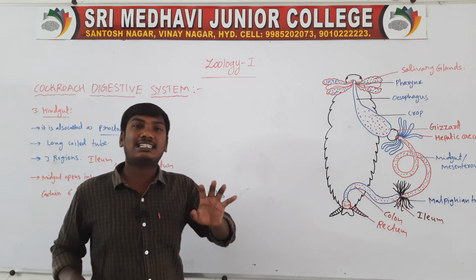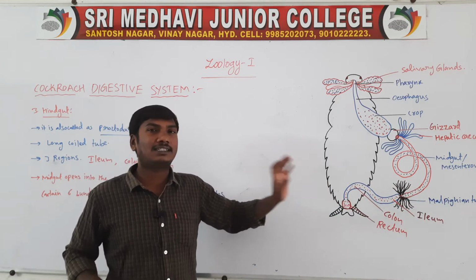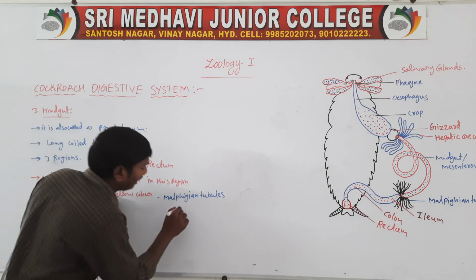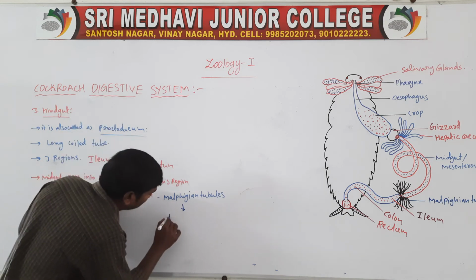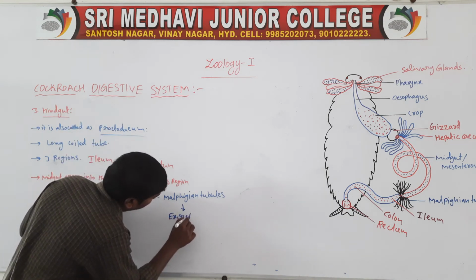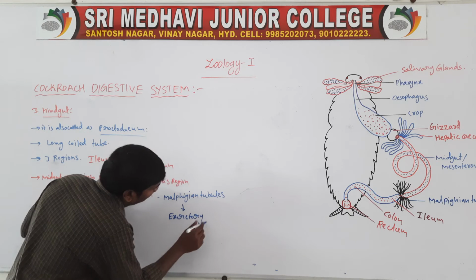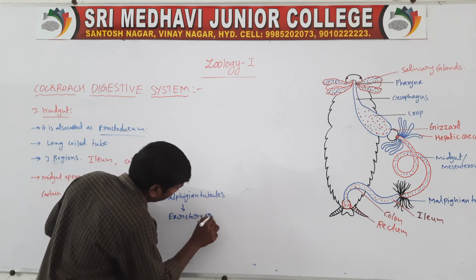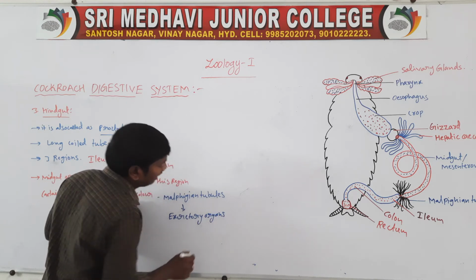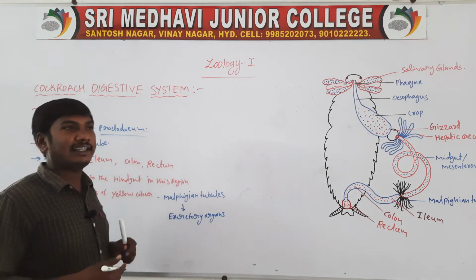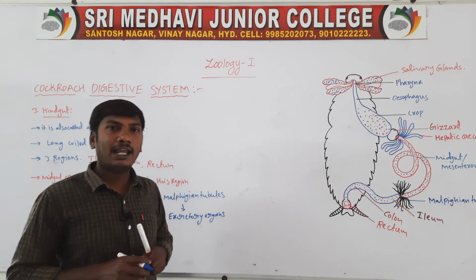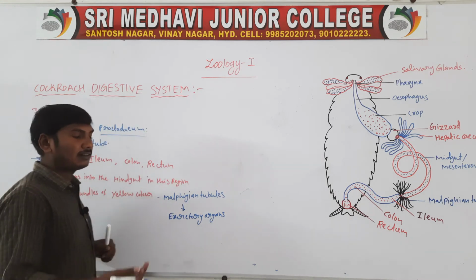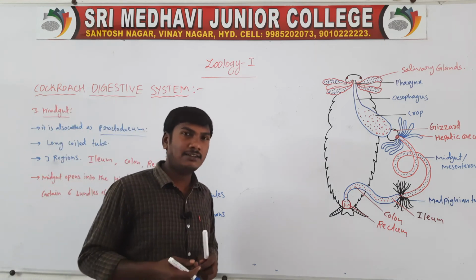These Malpighian tubules are the excretory organs of the cockroach. They perform the excretory function.